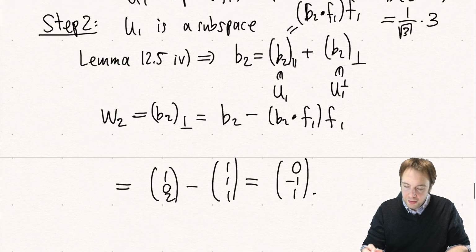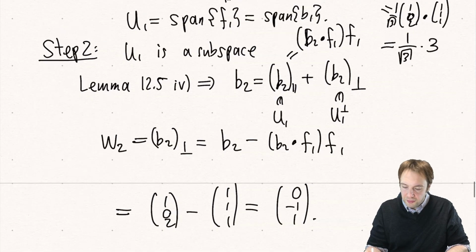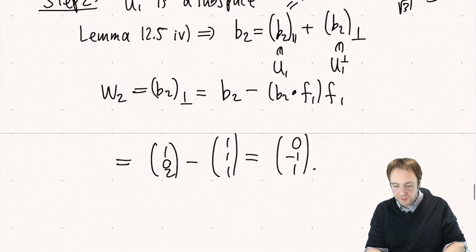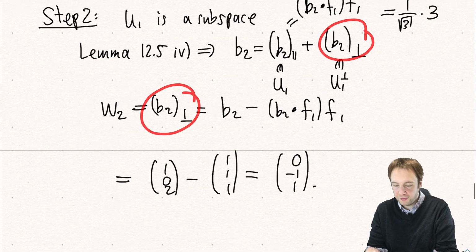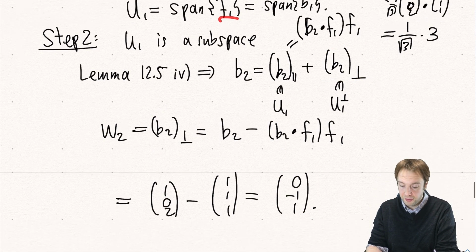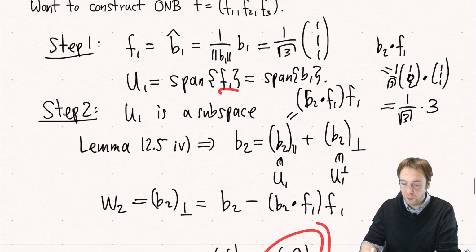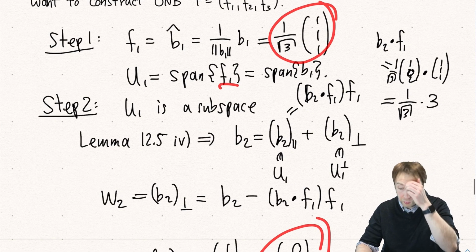And this is what we call W2. This is just the orthogonal part. The statement is that this is orthogonal to F1, which is the case because if I take the dot product of this with F1, then this is 0.